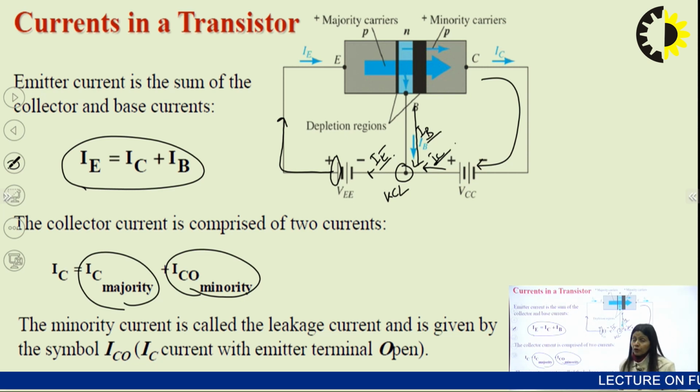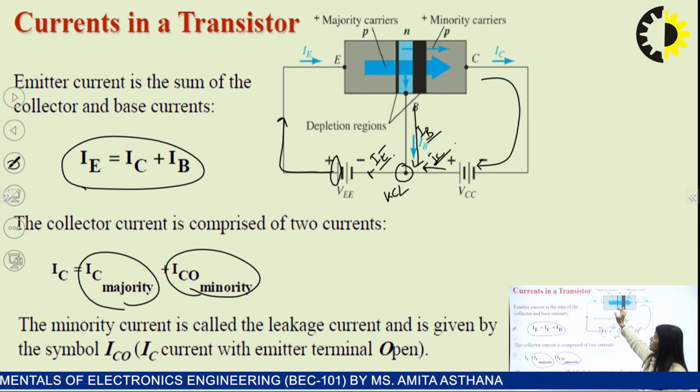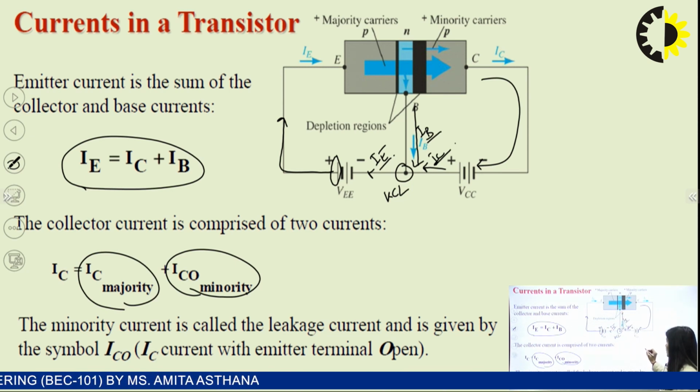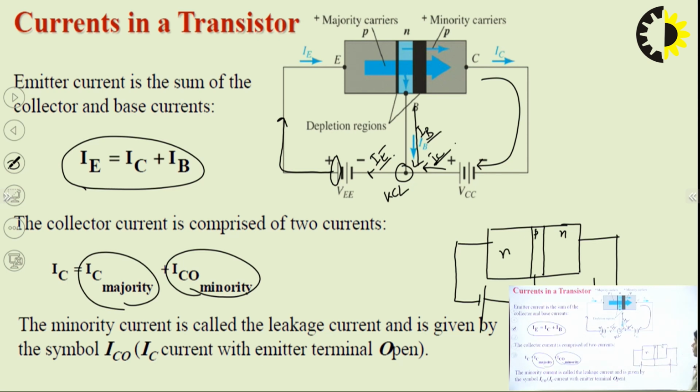Another important point at this stage: we have decided the direction of current for the PNP. Let's say if it was NPN, then what would the current direction be? For active mode operation, I will make this junction forward, and this one reverse. Okay.